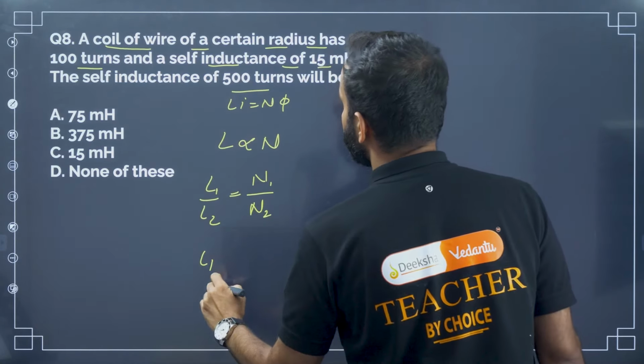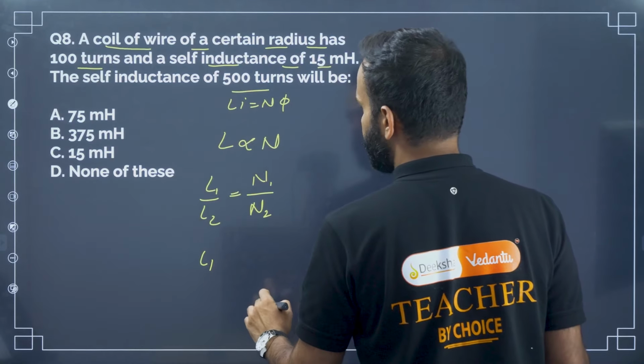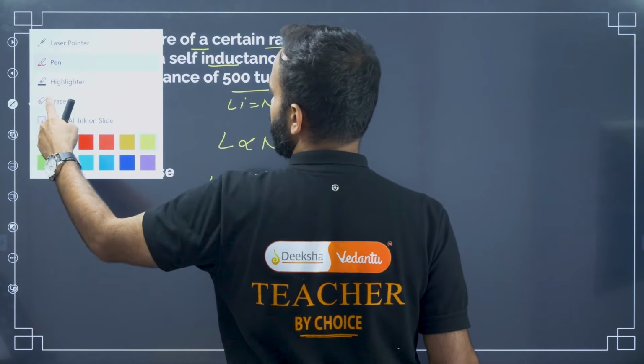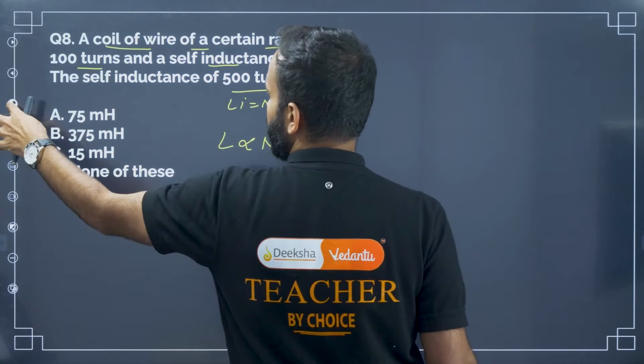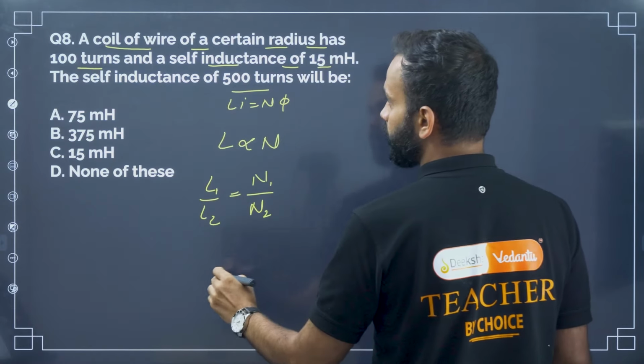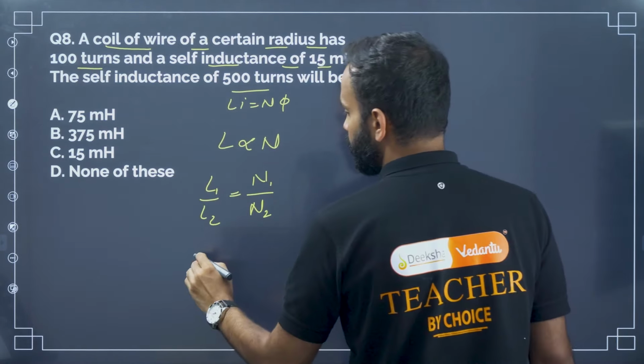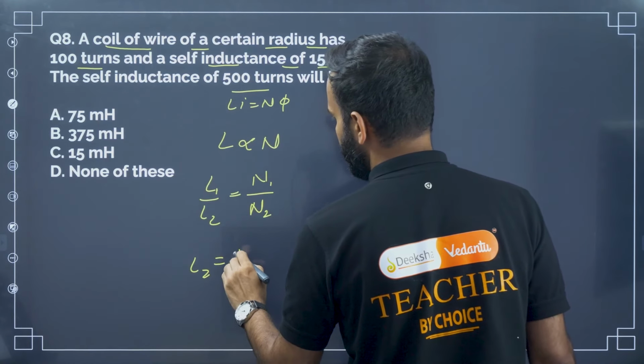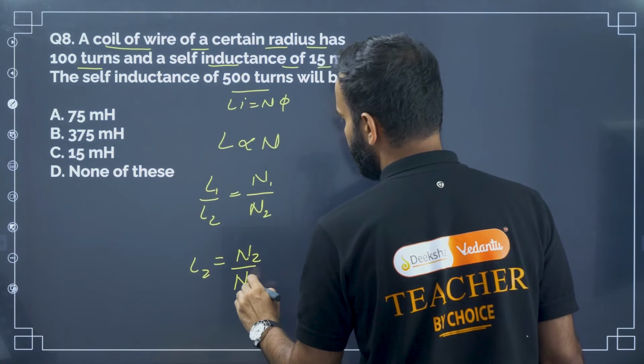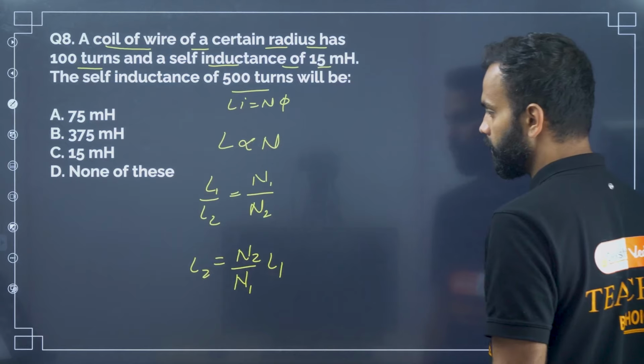Now L1 is 15 millihenry, and we need to find L2. So L2 is equal to N2 divided by N1 into L1.